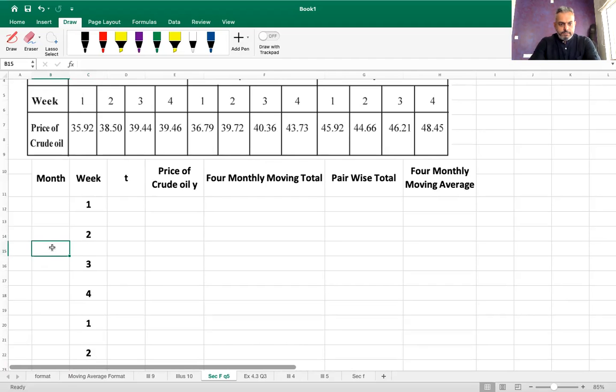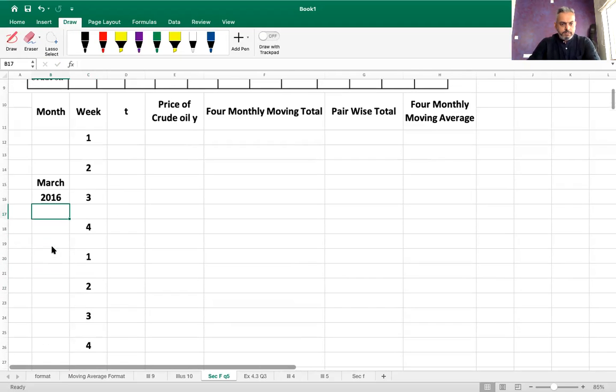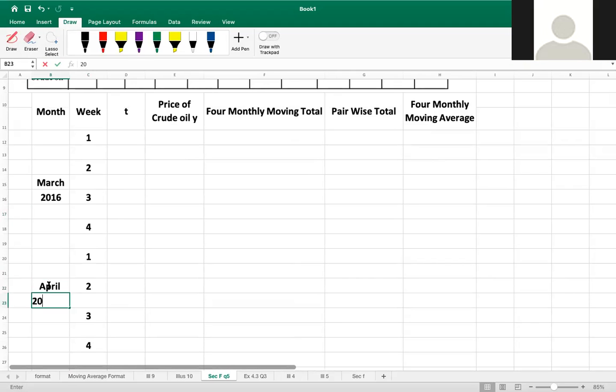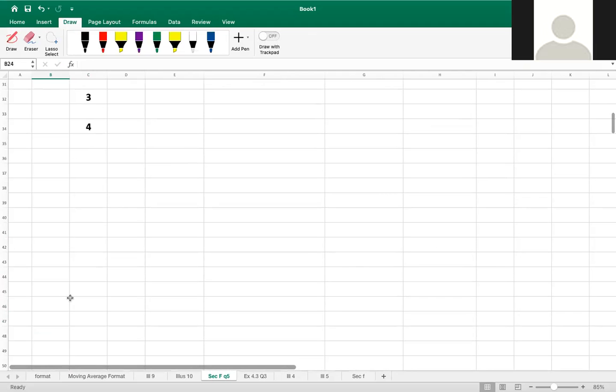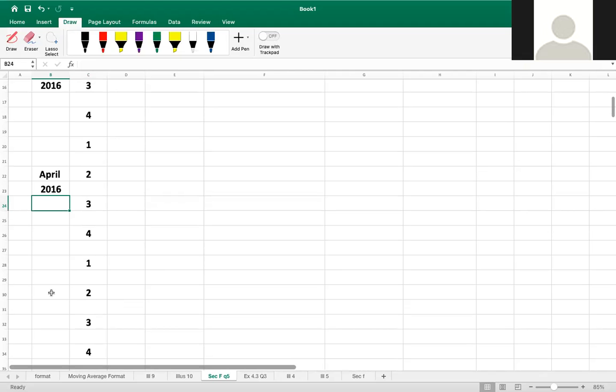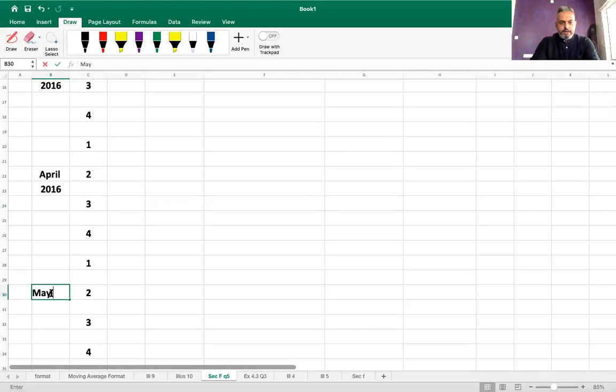Now, month: March 2016, April 2016, and May 2016.